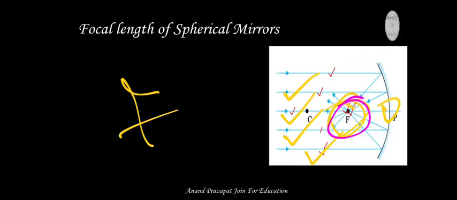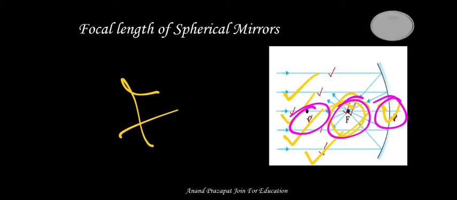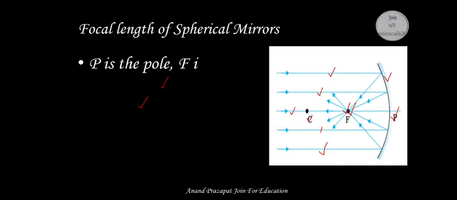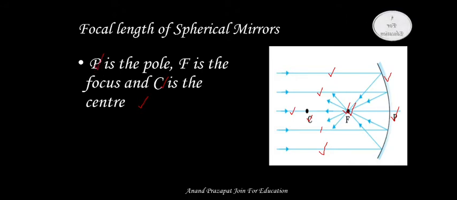So P is the pole of the spherical mirror, F is the main focus of the spherical mirror, and C is the center of curvature of the spherical mirror. The center of the sphere, whose part is the spherical mirror, is known as the center of curvature, and it is generally denoted by capital C. So this is C, this is P or pole, and this is the main focus of the spherical mirror.